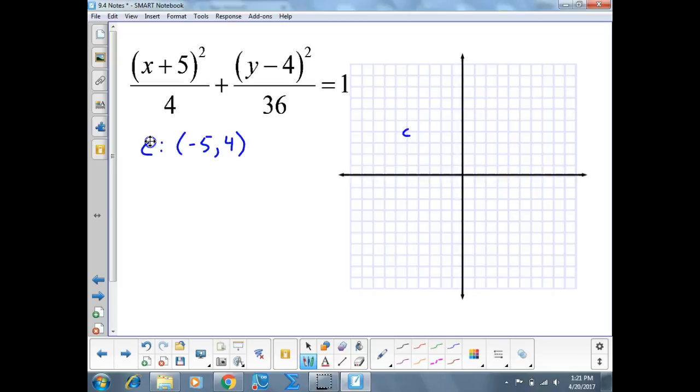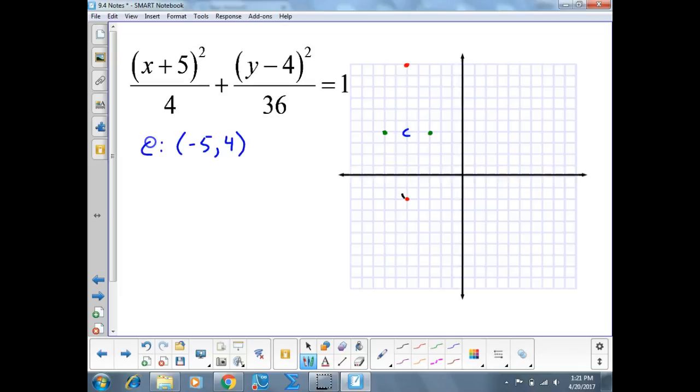So there's my center. Left and right, I go 2. Up and down, I go 6. 2, 4, and 6.